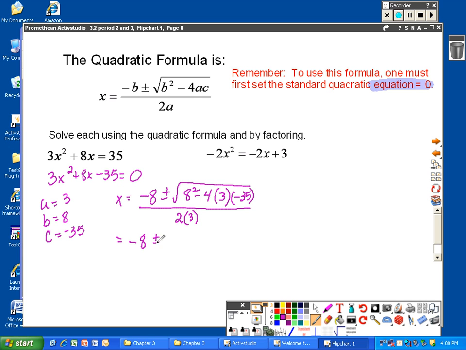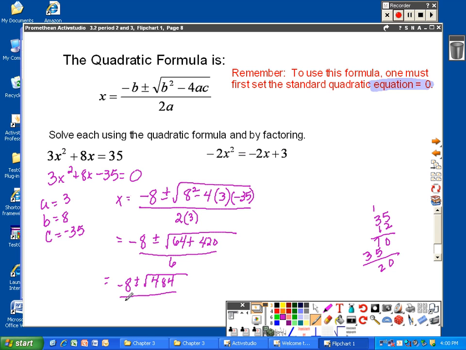Negative 8 plus or minus the square root of 64. Negative makes a positive. 35 times 12, 420, all over 6. Negative 8 plus or minus the square root of 484 all over 6, which is negative 8 plus or minus, what is the square root of 484?